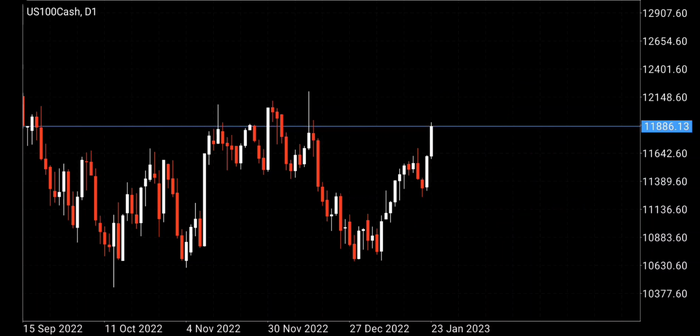If you're still holding your buy trades, yes, it's been a very smooth ride, but now it's high time that you lock your profits and exit most of them, because the location where we are, anything can happen. You don't want to be part of the fight that's about to happen there between the bulls and the bears. All you have to do is take your profits, be on the sidelines, and wait for the bulls or the bears to win.